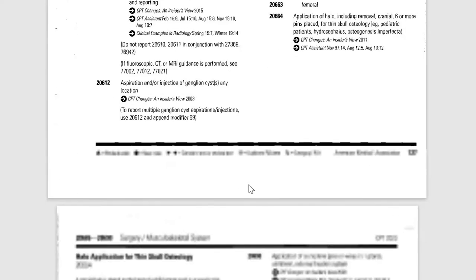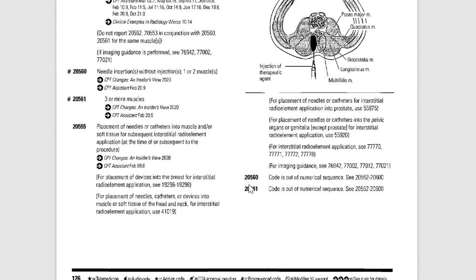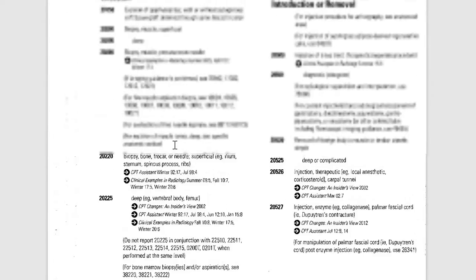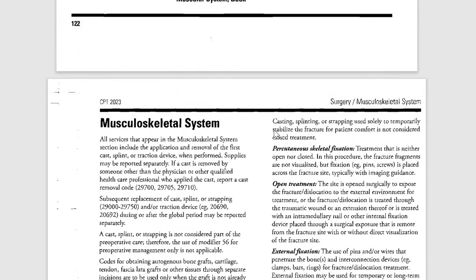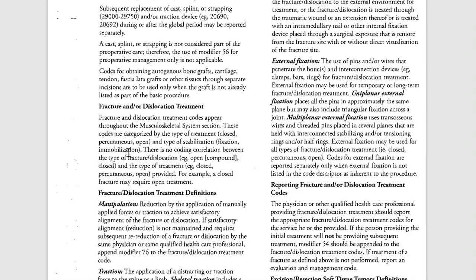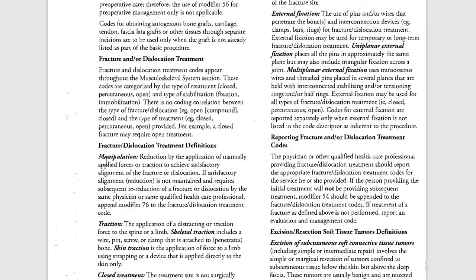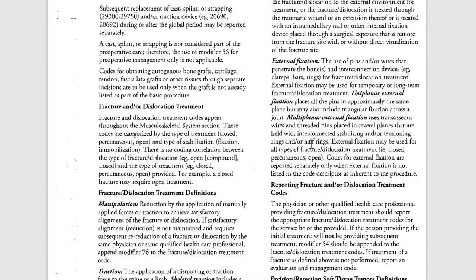I suggest that whenever you check the CPT book and code descriptions, before every chapter you can find the guidelines, like for the musculoskeletal system, and in the brackets they have mentioned how to report the CPT codes, and the criteria is also mentioned, like manipulation, traction, closed treatment. If you read these things, then you will come to know about fixation and reduction. So everything will be very easy to find the correct answer.